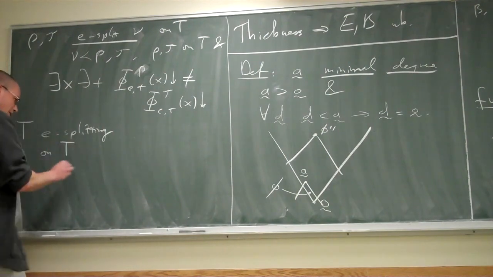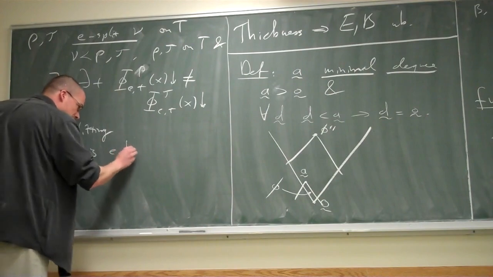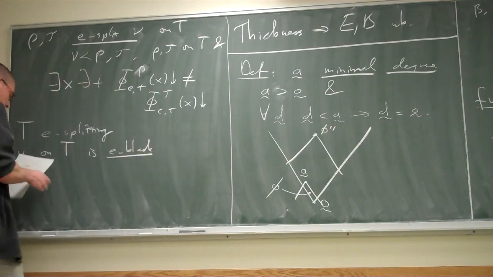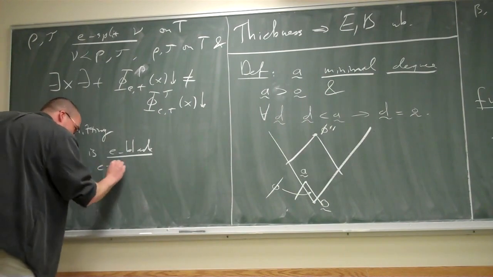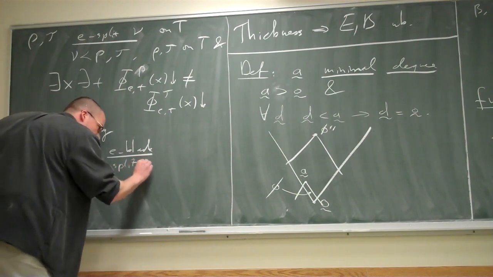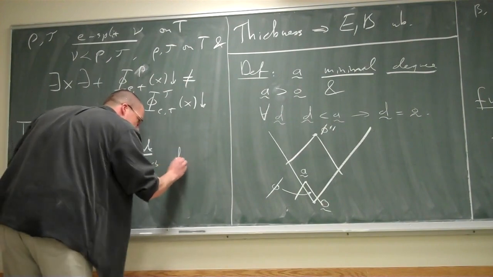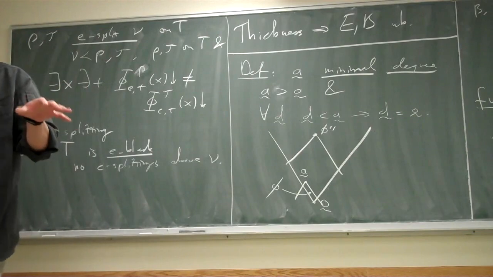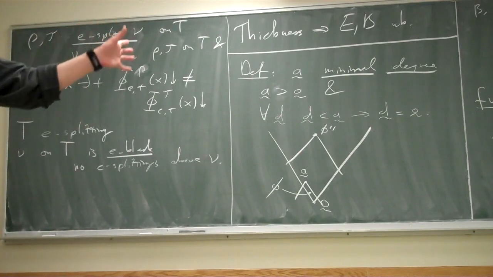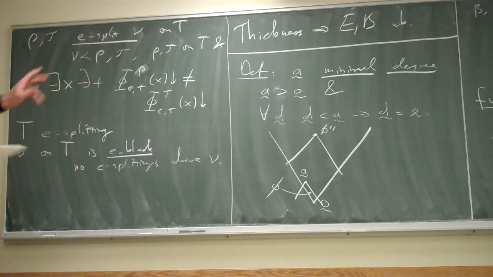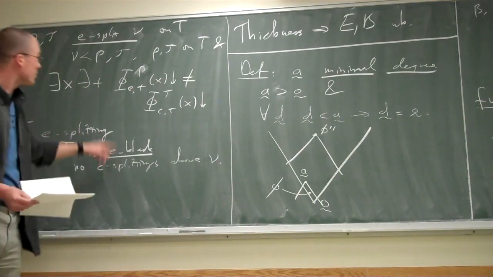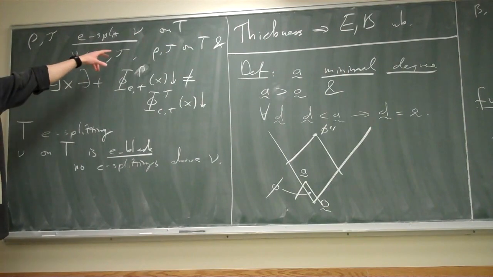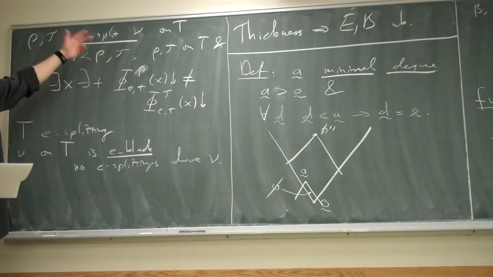A node mu on T is E black if there are no e-splittings above mu. Right, and this is not about immediate e-splittings, but no e-splittings at all. That's why the definition of e-split does not require rho and tau to be immediate extensions.